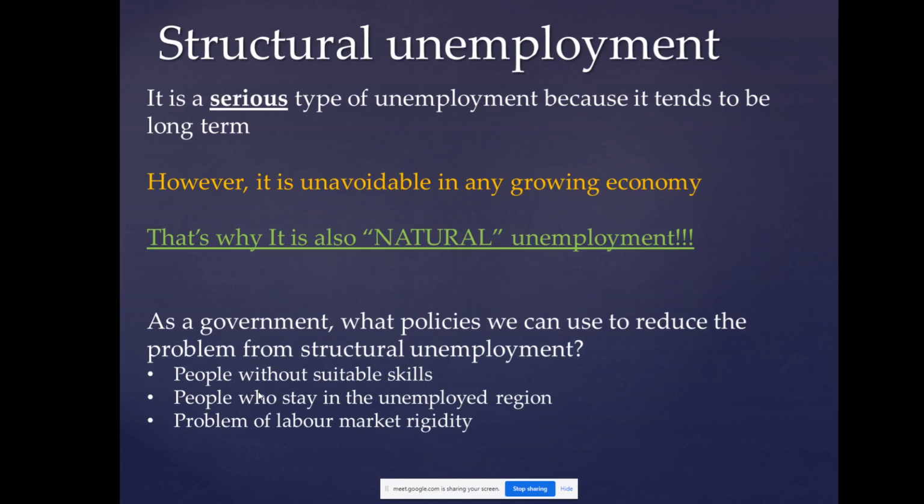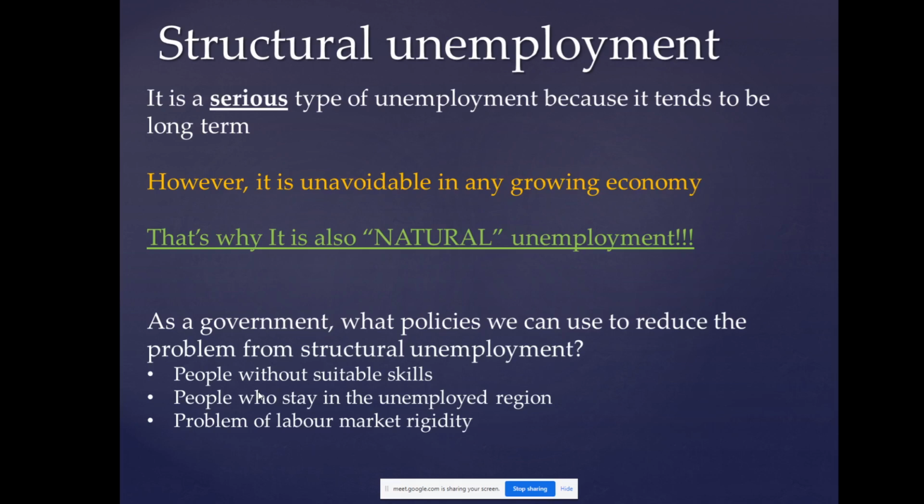There should be something more that we can do. So how do we improve the immobility in terms of geography, besides improving transportation infrastructure? What else can we do if we are a government? Or maybe the other way around, because that one might not be so wise.